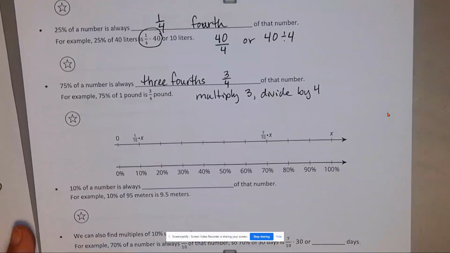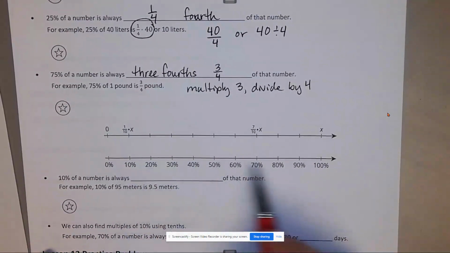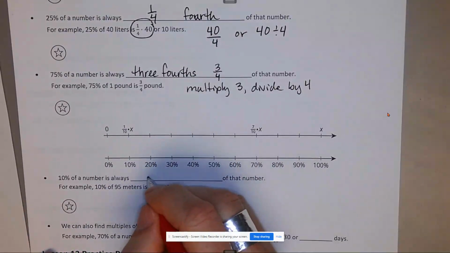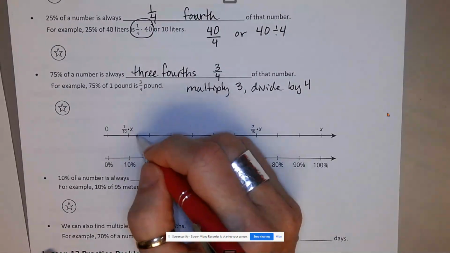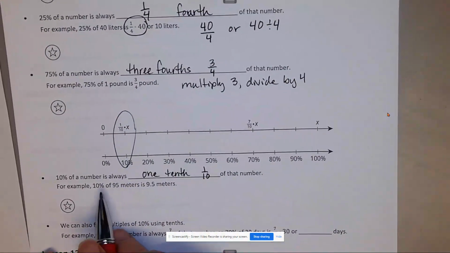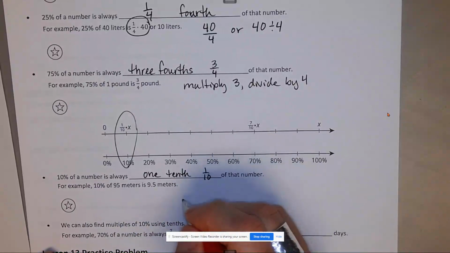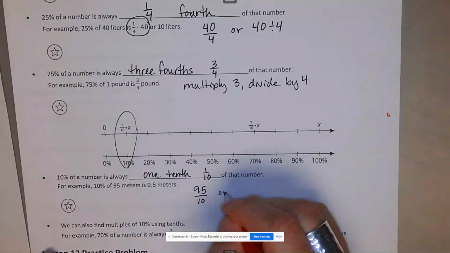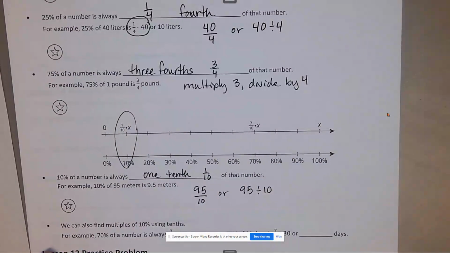Let's look at the next one. So 10%, you think about how many tens are in 100. 10% is always 1/10 of a number. You can see that right there. 10% of 95 is 9.5. So you can say it's 95 divided by 10. Okay.